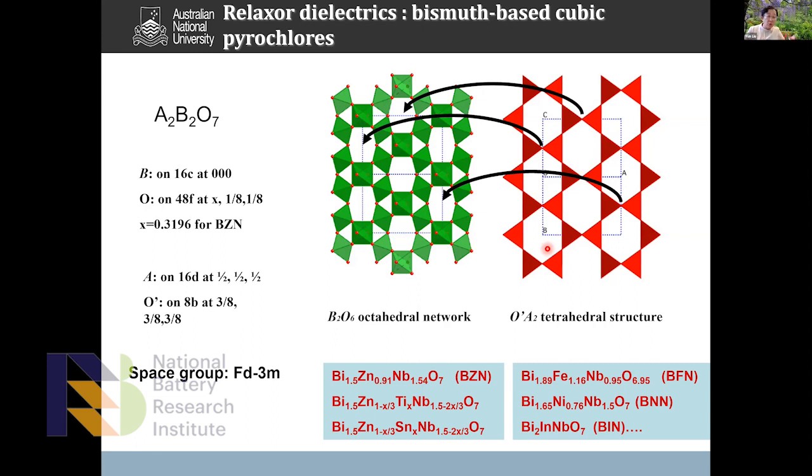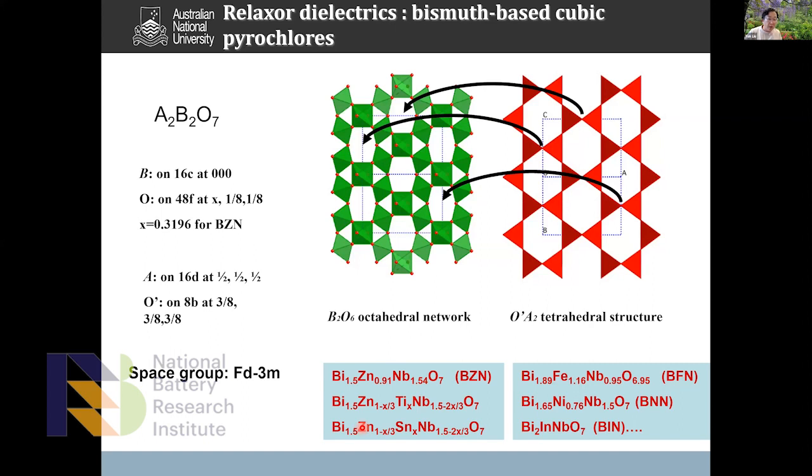So we do a lot of investigation on the different types of pyrochlore materials, and here we find two types of materials that differ in terms of property and in terms of structure, okay? So I will use BZN as an example.